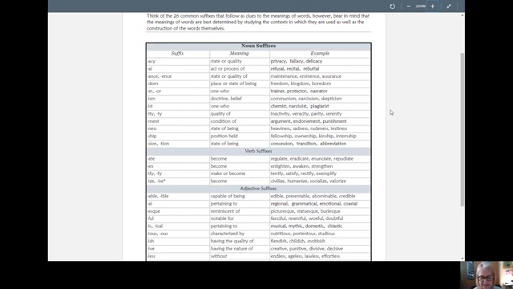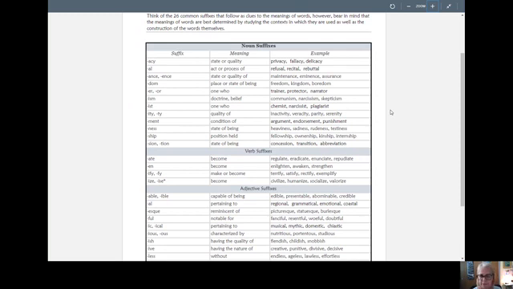Well, state means the condition that someone or something is in at a particular time. Condition talks about your appearance, the quality or the working order of something. So state is how you're feeling at a particular time.